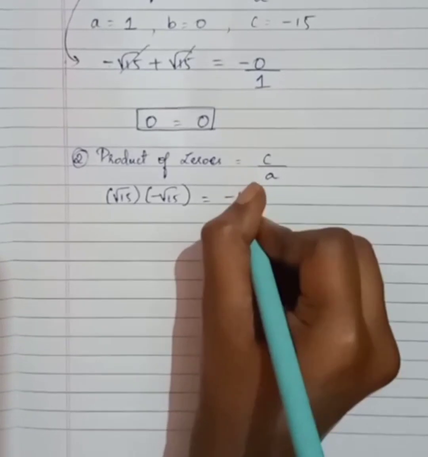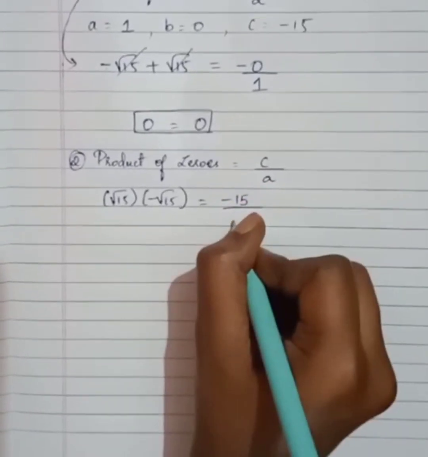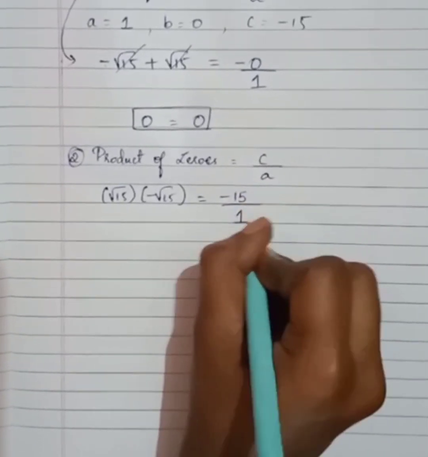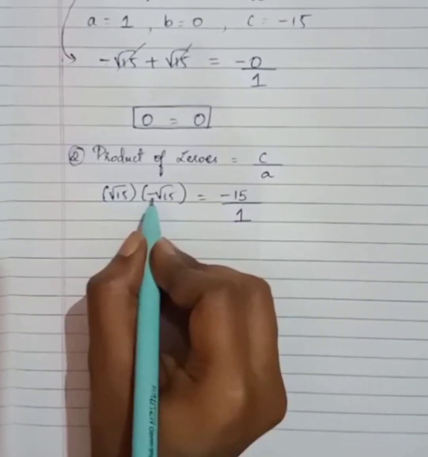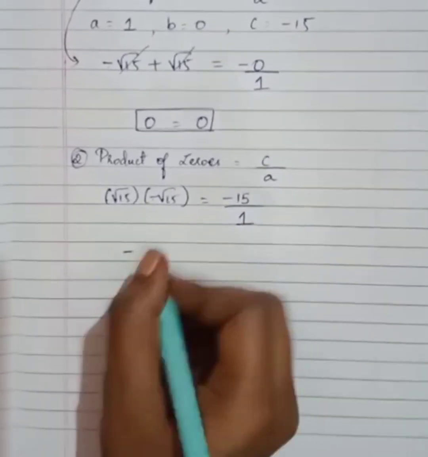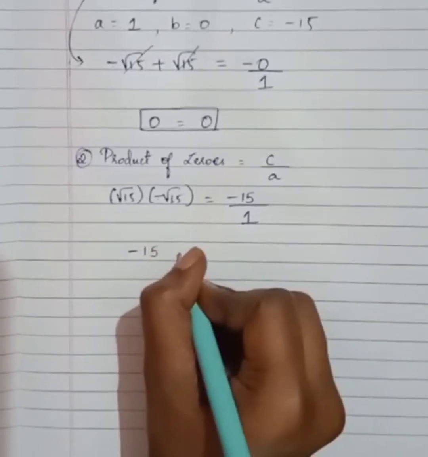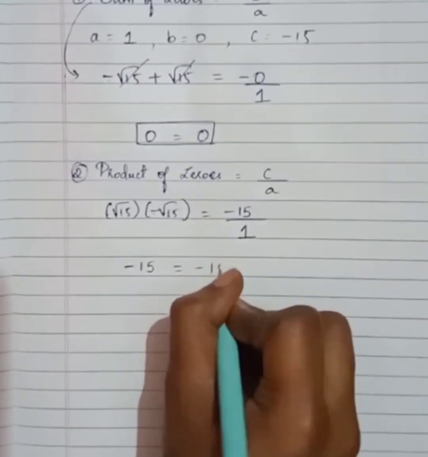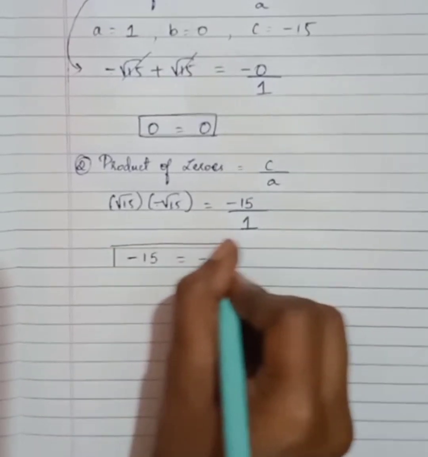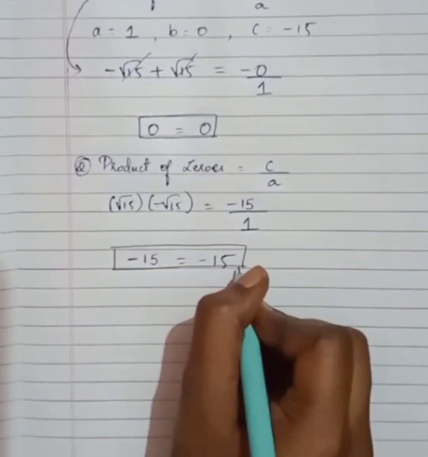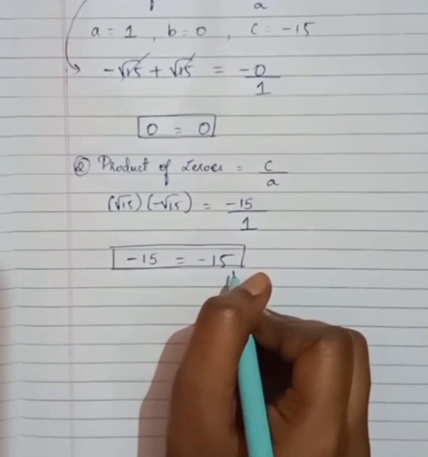Our c value is minus 15 by a, that is 1. Plus into minus is minus. Root 15 into root 15 will be 15, so it is equal to minus 15. So hence we verified that whatever answer we have got is correct.